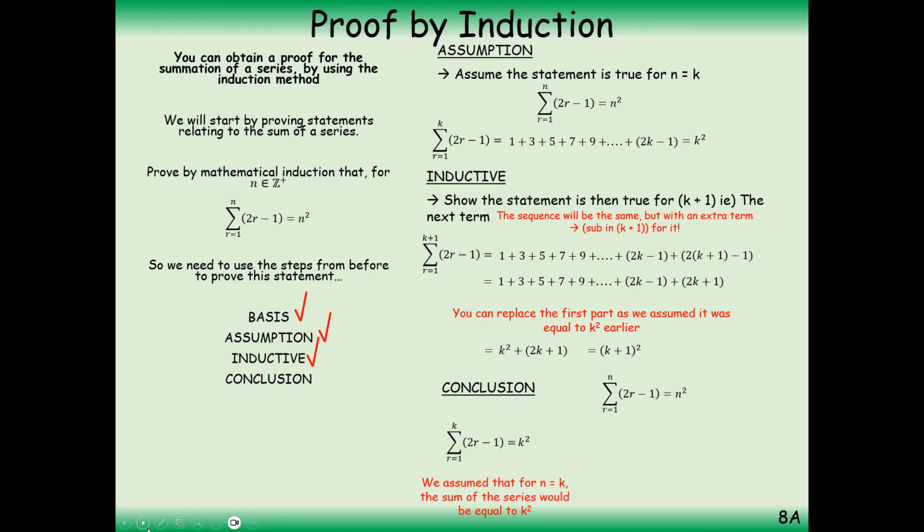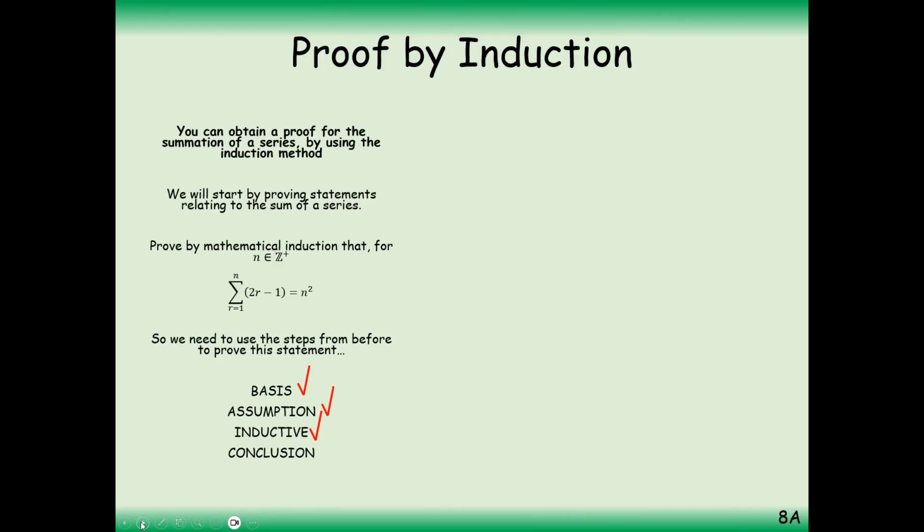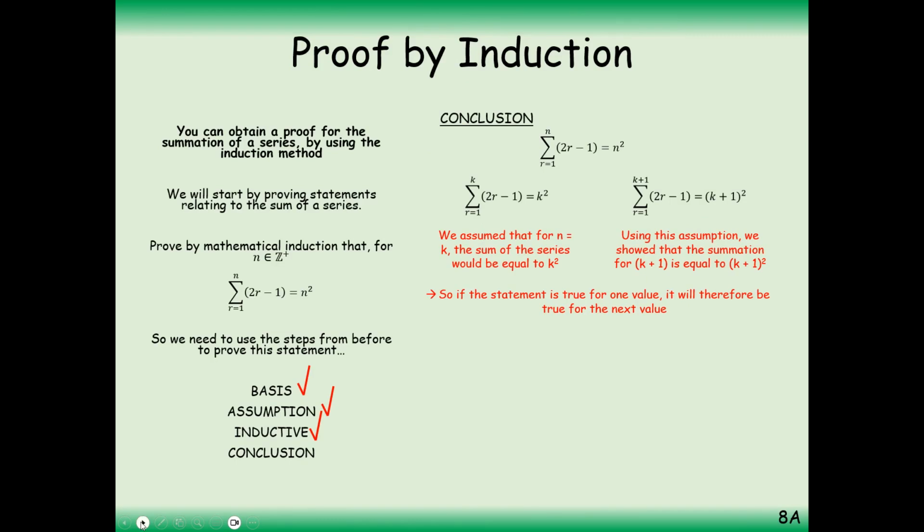In the conclusion, we write that because the summation formula held for k, and it also worked for k plus 1, therefore it will hold true for all positive integers.